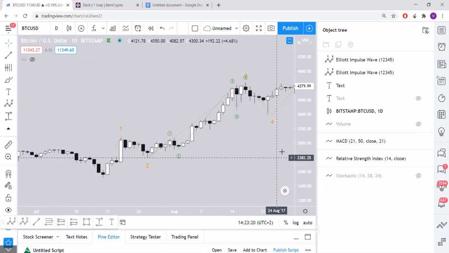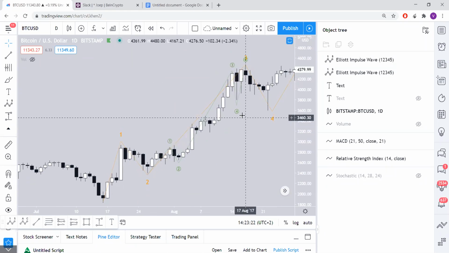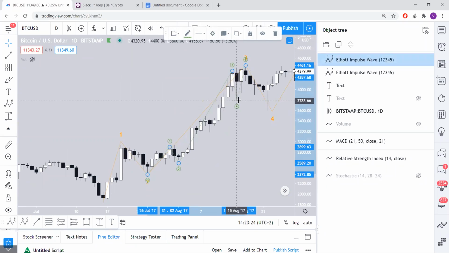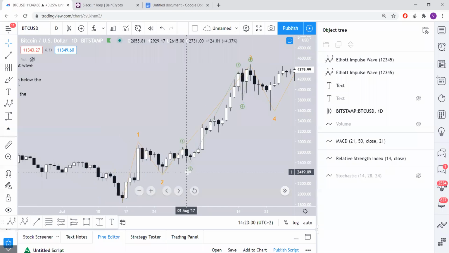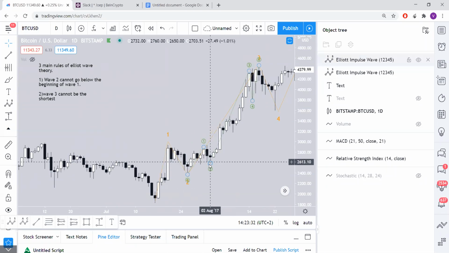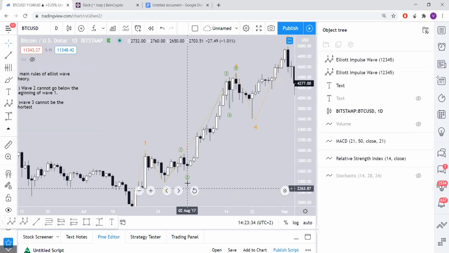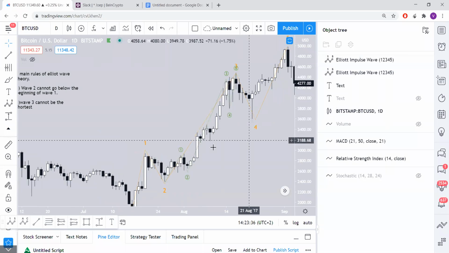But the thing is, subwave formations have to follow the same rules, right? Because if one of the subwaves is wrong, then your entire count is wrong. So even in the green one right here, wave 2 cannot go below the beginning of wave 1. Wave 3 cannot be the shortest, which it isn't.